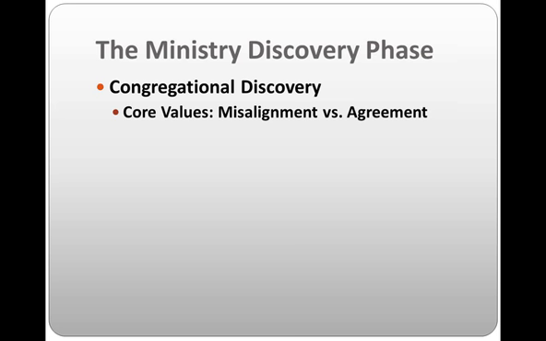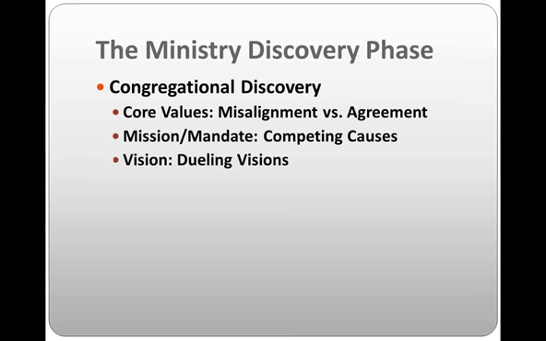passionate about. You need to make certain that your congregation is in alignment and agreement, not in misalignment and disagreement. When it comes, and this is the second part of the pyramid I showed you, to your mission, your mandate, if you have competing causes, you're in trouble.